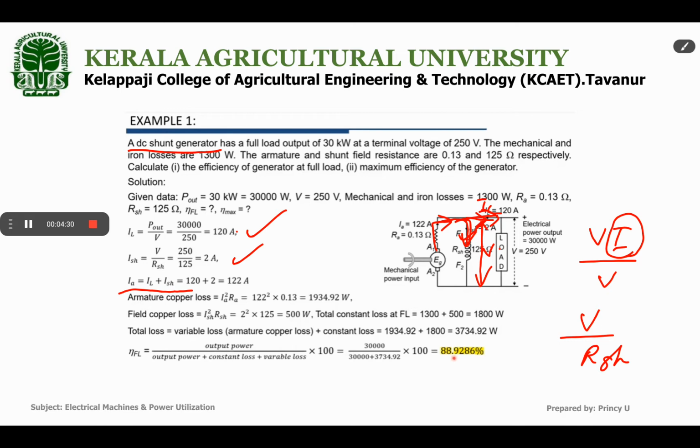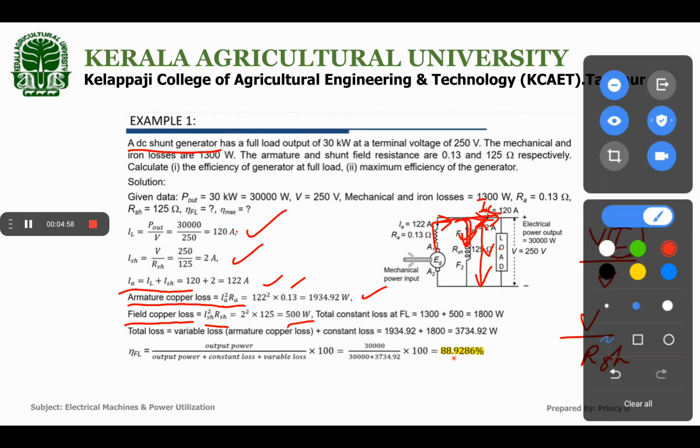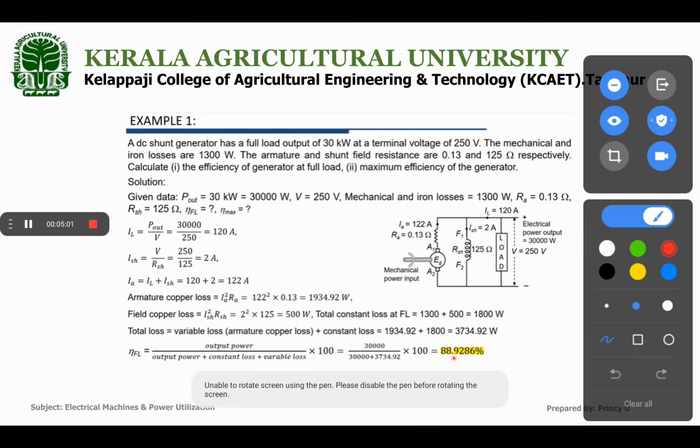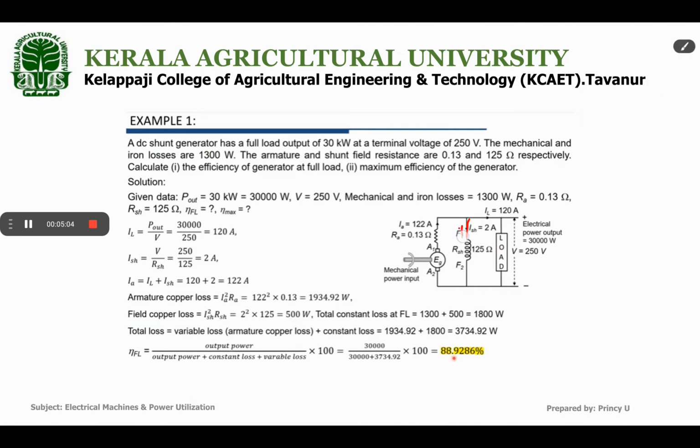Now you have the shunt field current and the armature current. So you can calculate the armature copper loss as IA square RA, by substituting all these values. It is a power loss, so the unit is watts. And the field copper loss is ISH square RSH. In a shunt generator this ISH is almost constant, so the shunt field copper loss is also constant.